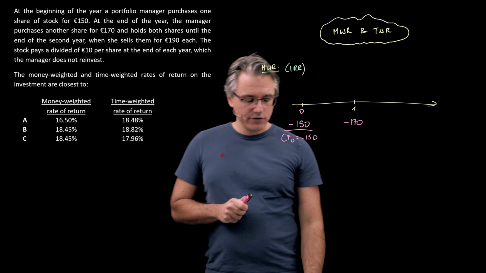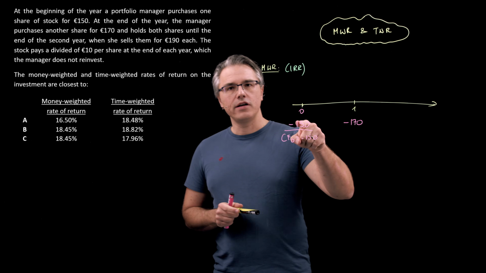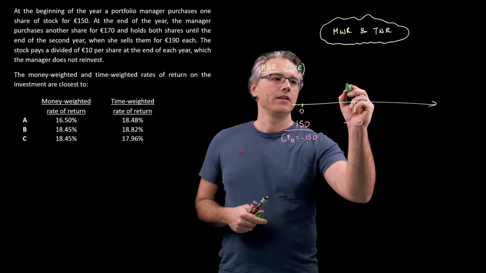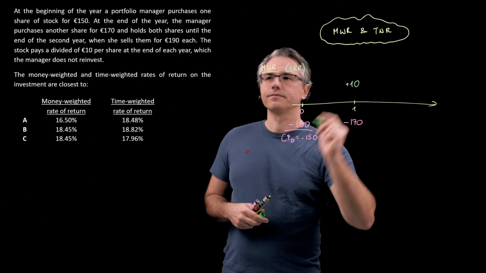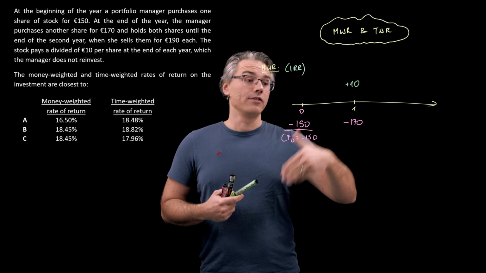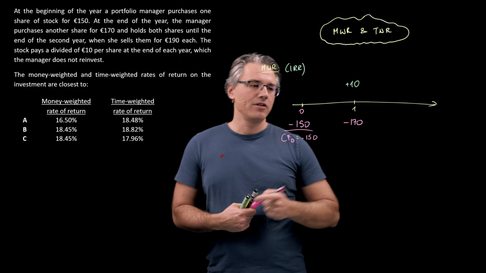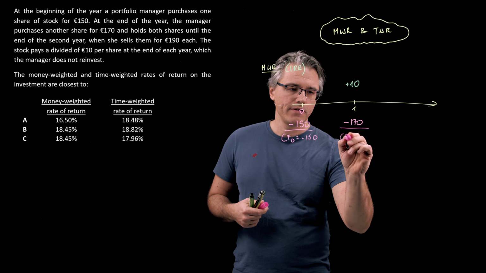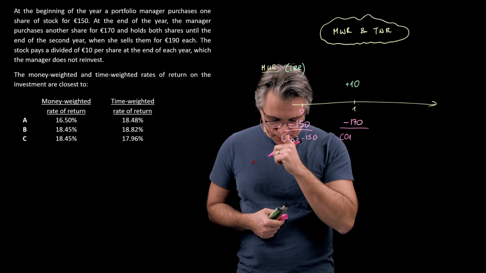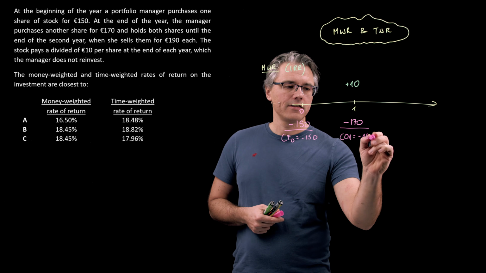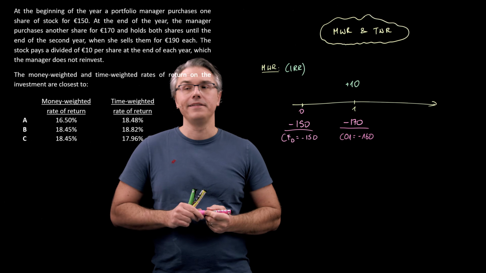So I'm going to assume that the share she purchased now pays a single dividend equal to plus 10. She also makes an outflow for the purchase of the second share. So on a net basis, this cash flow at time 1, C01, as it is called on your calculator, is going to be a negative 160 net.